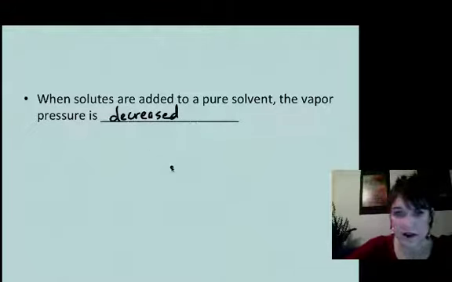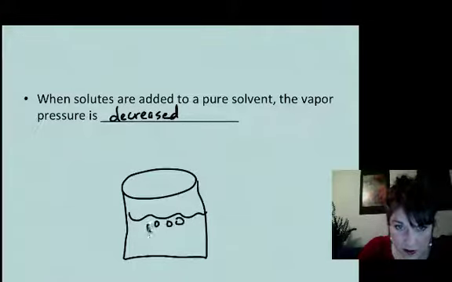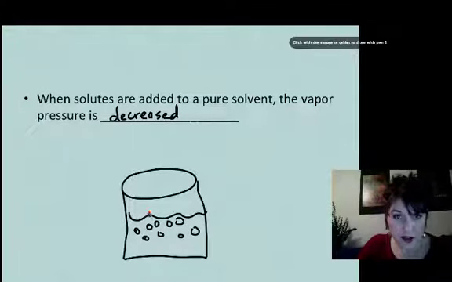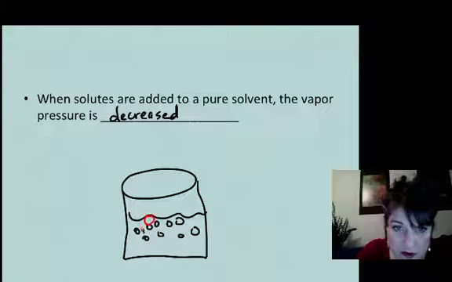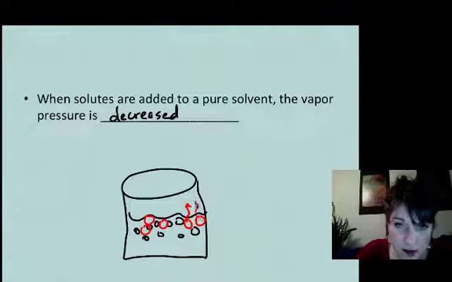And so I think it's time for us to have a picture so that we can see what's happening. You see, if we have a beaker, and in our beaker we have particles that are dissolved in there, then we've essentially reduced the number of particles of the actual solvent that are in contact with the surface. So for these to escape into the vapor phase, they have to be up on the surface, and now some of these other particles, the solute particles, are blocking them from getting out, like this one right here.